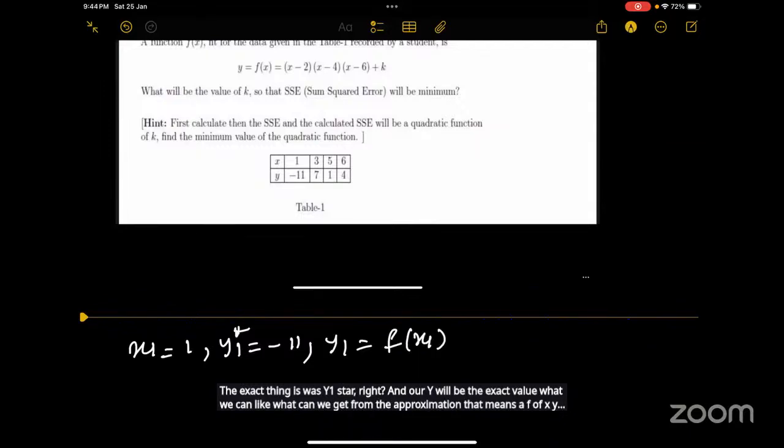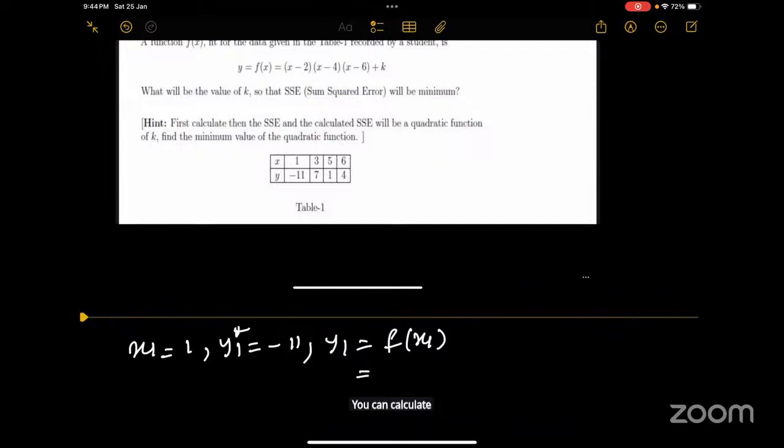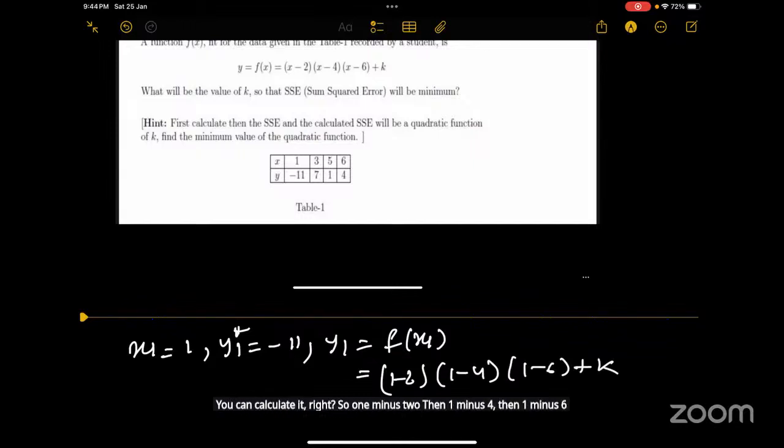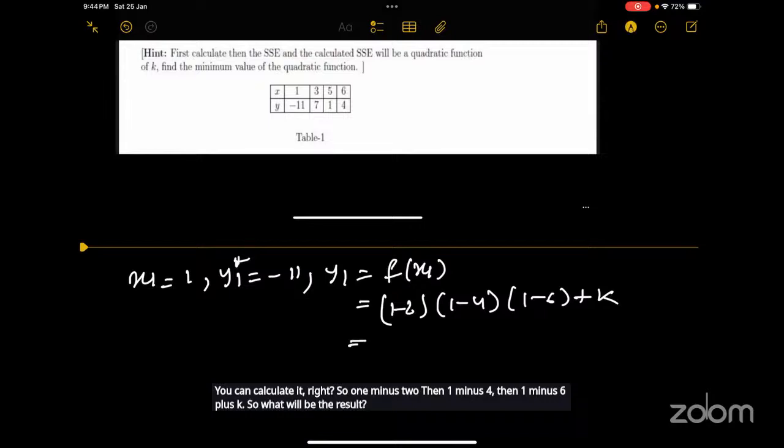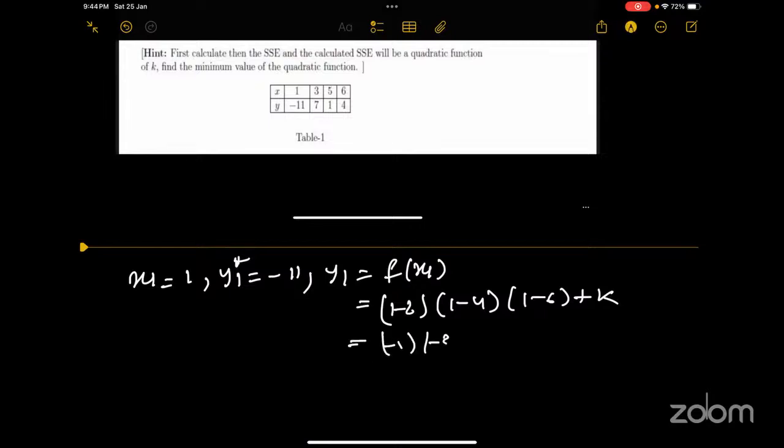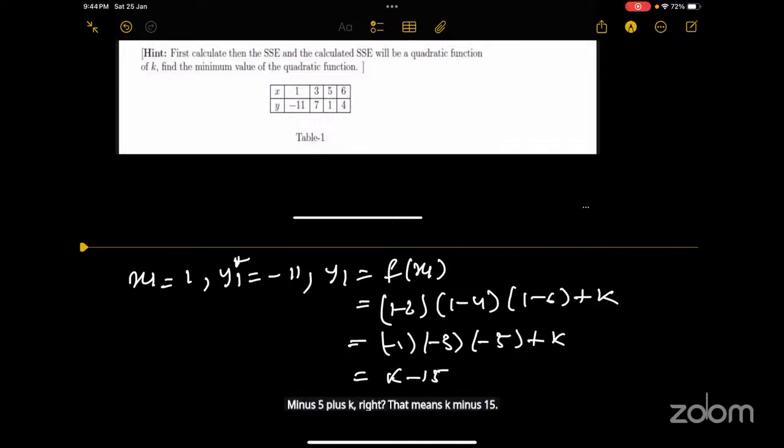So f of x1 will be what? You can calculate it, right? So 1 minus 2, then 1 minus 4, then 1 minus 6 plus k. So what will be the result? Minus 3 minus 5 plus k, right? That means k minus 15. Is it fine?